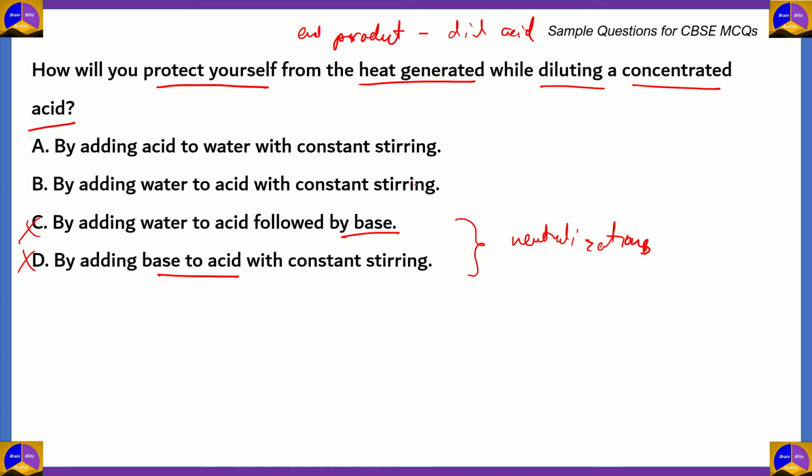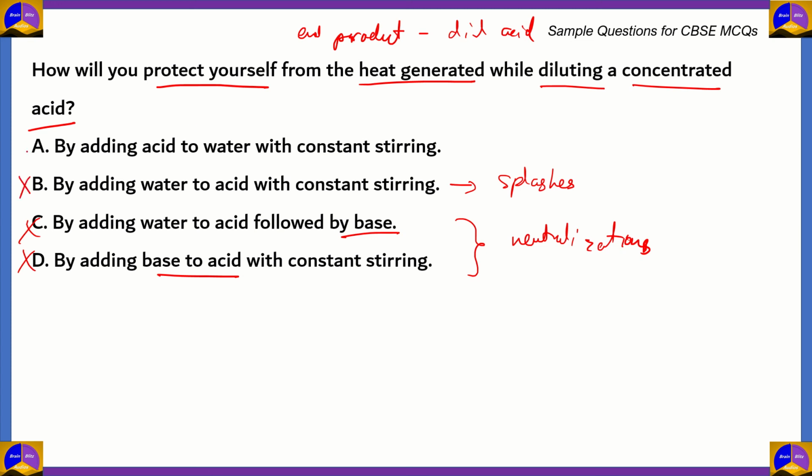Now, if you've read your lab manuals correctly, you would know that adding water to acid results in splashes. When you add water to acid, the heat generated can cause the water to froth and bubble up, and that can lead to splashes on the end user. So you should never add water to acid, even with constant stirring.